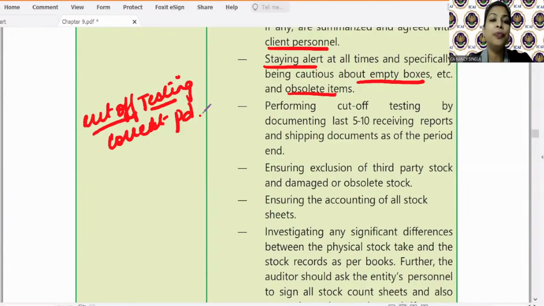He will consider the documentation with respect to inventory for the last 5 days, or you can say the last 5-10 receiving reports or shipping documents, in order to see whether this inventory pertains to the year under audit or to the next year. With respect to cutoff procedure, we have discussed this topic in detail when we discussed debtors. So here also the basic idea will be the same.